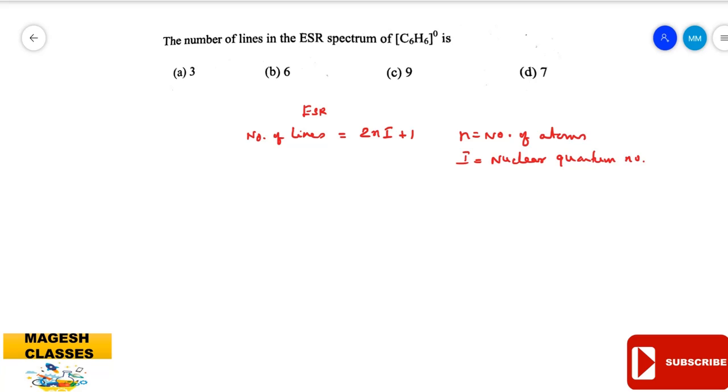For the benzene radical, n is equal to 6 and the I value for hydrogen is 1 by 2. So the number of lines is equal to 2 into 6 into 1 by 2 plus 1. By cancelling you get 6 plus 1, which is equal to 7. So the number of lines is 7. It is a very simple problem.